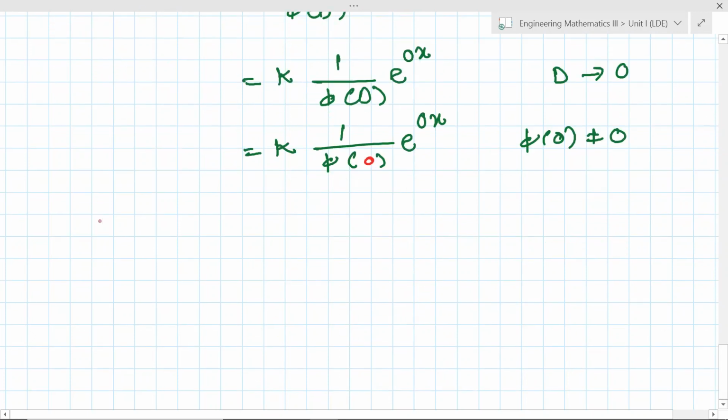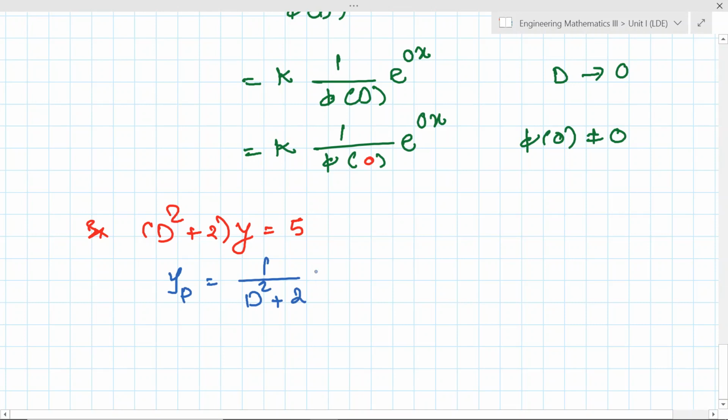So see the example for that. This is (d square plus 2) into y, equal to, suppose, 5. Now how can we find the particular integral for this? yp is equal to 1 upon d square plus 2 into 5. Here k is 5. As the case says, just multiply by e raised to 0x.